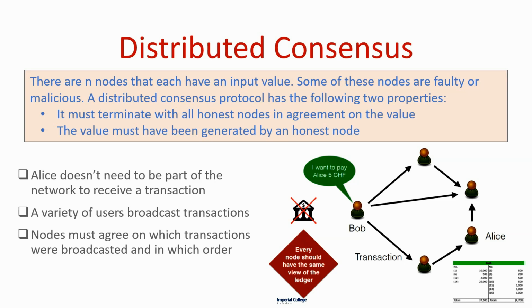Despite having faulty or malicious nodes, we want all the honest nodes, the honest miners that are operating efficiently, to agree on which of the blocks they have produced will actually be added to the blockchain. And obviously, the block that is added to the blockchain should have been generated by an honest node.